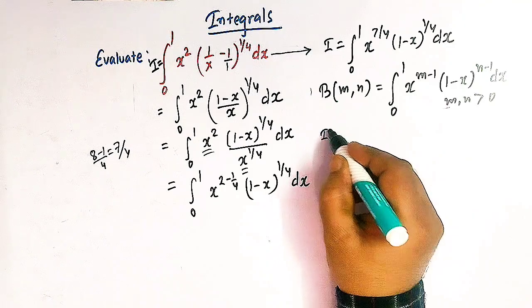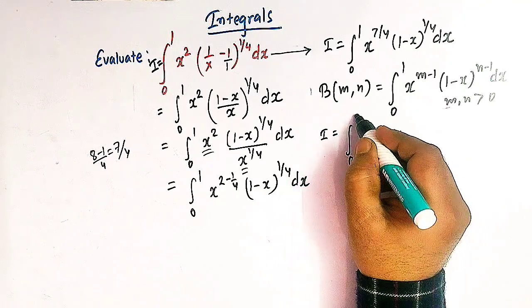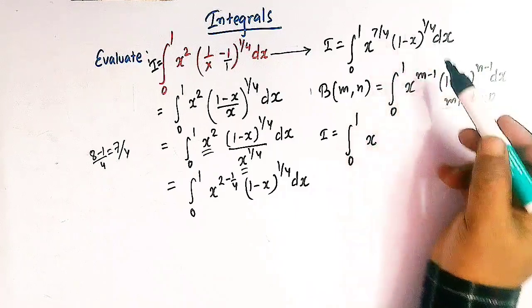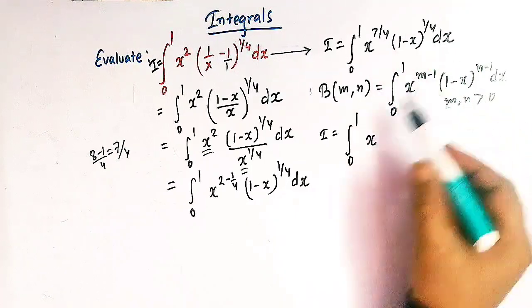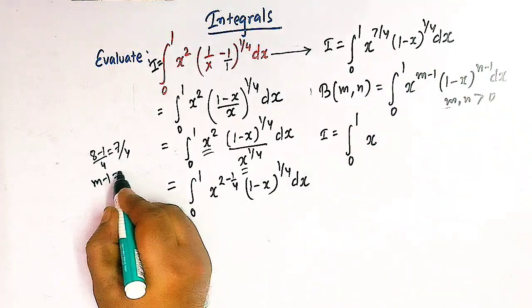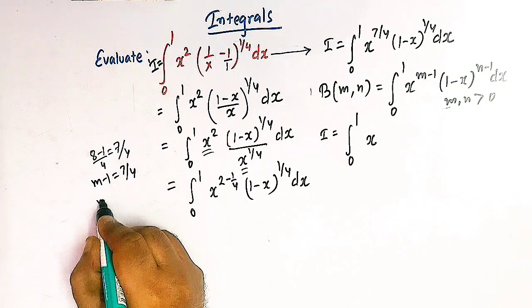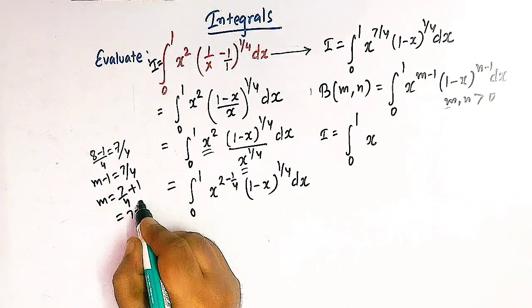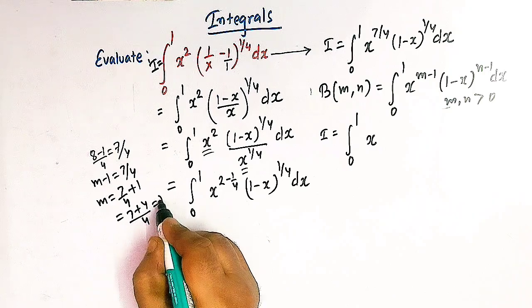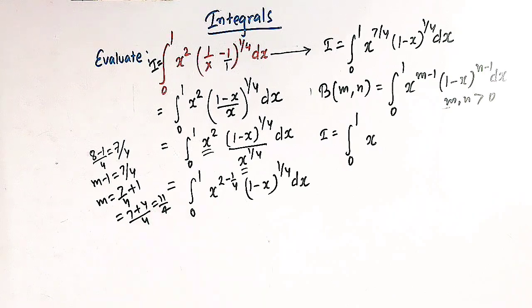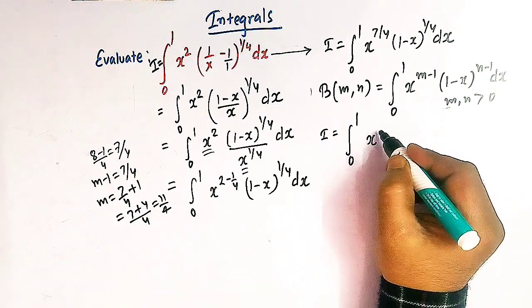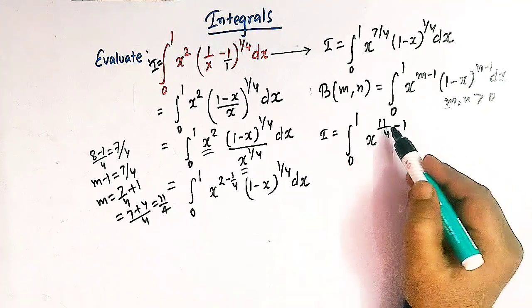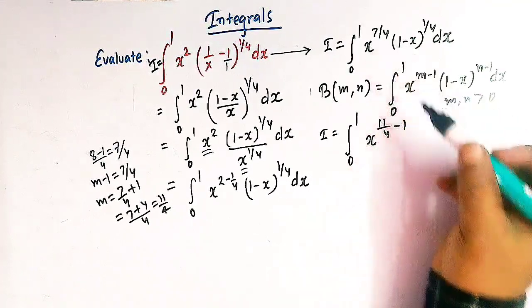So what we can write is 0 to 1, and we have x raised to 7 by 4, right? So now we can take m minus 1 as 7 by 4. So m is 7 by 4 plus 1, so this is 7 plus 4 over 4, that is 11 over 4. So we can write 11 over 4 minus 1, which is 7 by 4.